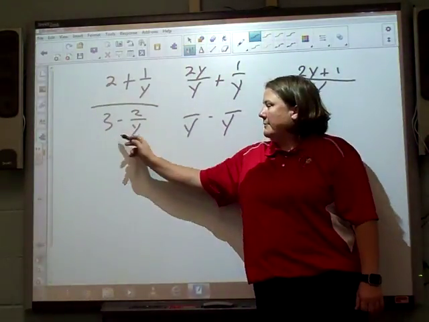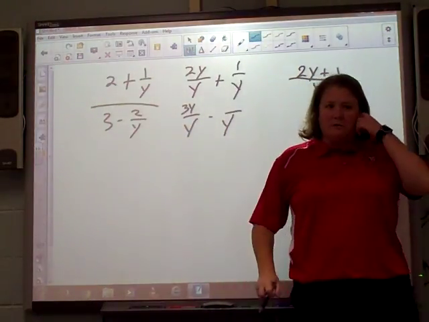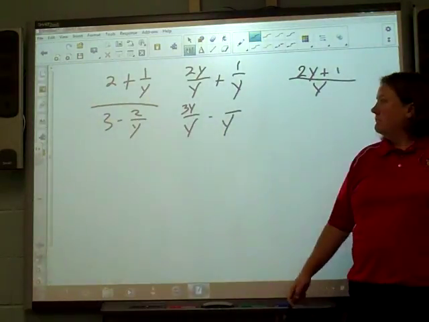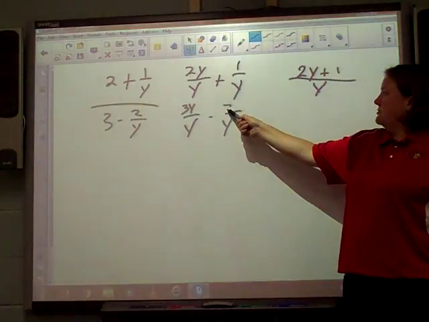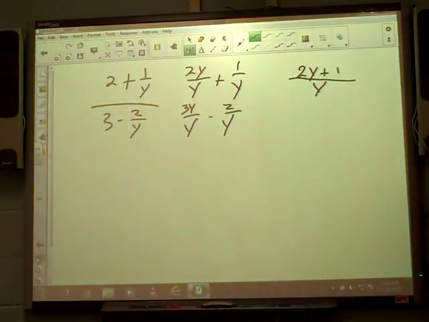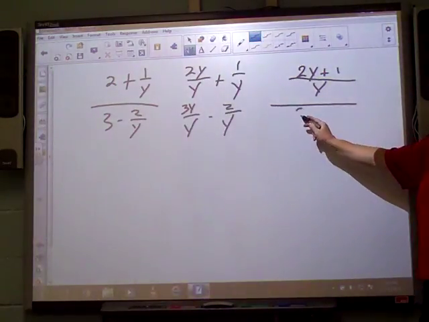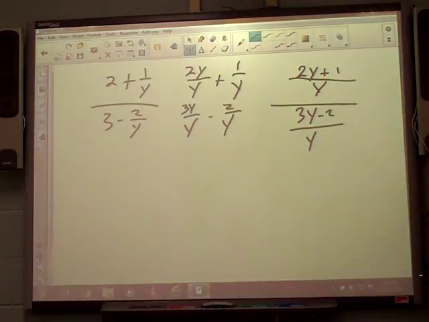It was a 1 on the bottom. I multiply it by y, so I multiply the top by y. What about the 2? What do I multiply it by? Right, because I didn't change it. It already had a y, so I don't change that 2. 2 times 1 stays 2. Good, Mason. So now I can write that as (3y minus 2) all over y.